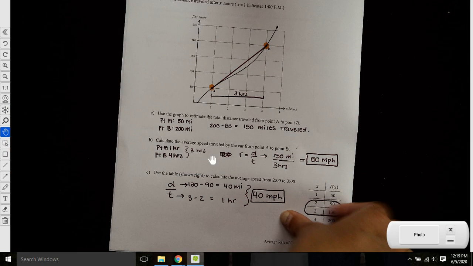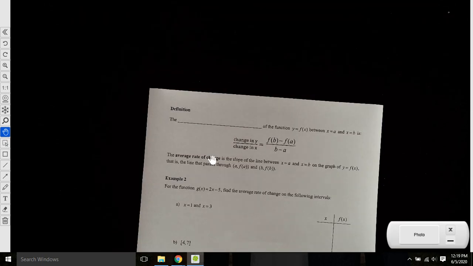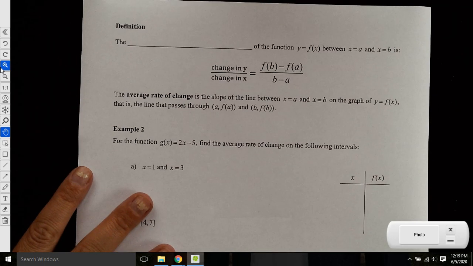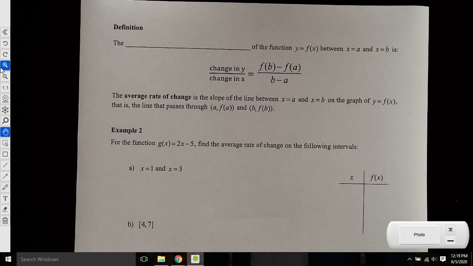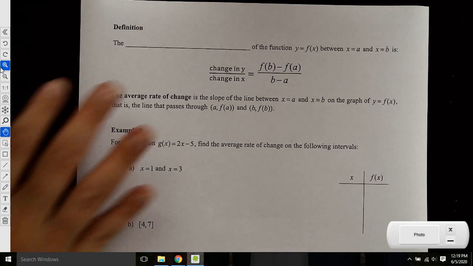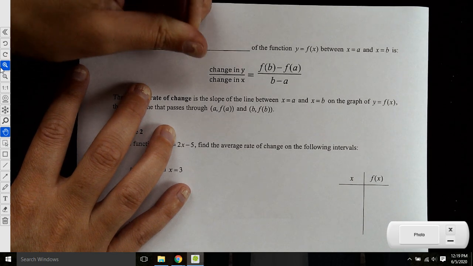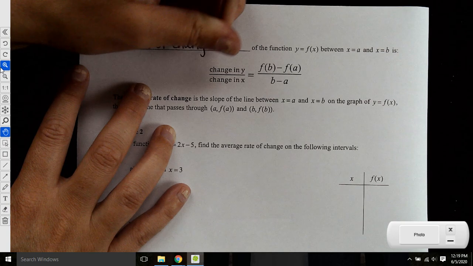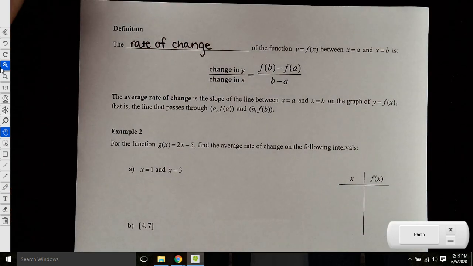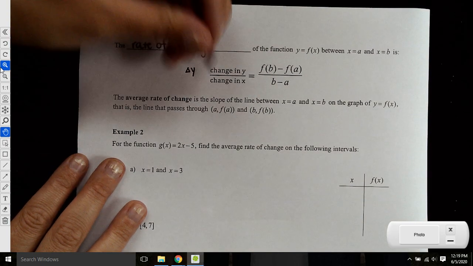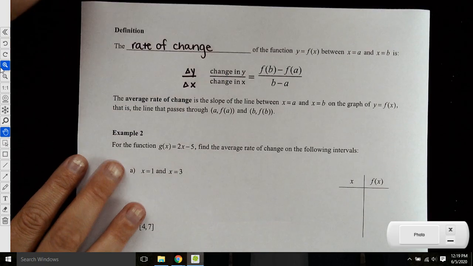So now for a little bit of note taking. So you will remember the rate of change of a function y equals f of x between x equals a and x equals b is the change in y, which you might remember as this, over the change in x.